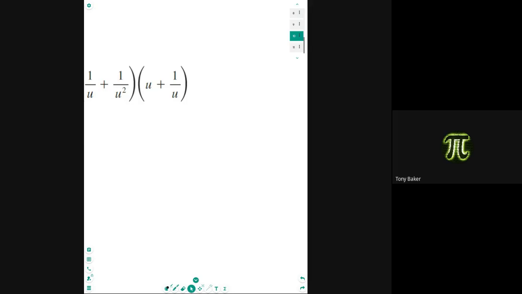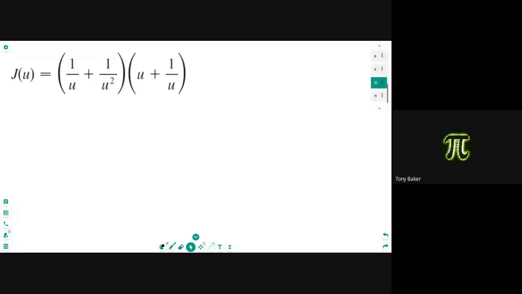Oh wait. Okay. And you're doing quotient rule for putting them all together. I told you there's 3 different ways to do this problem. So far, I've seen all 3 ways.